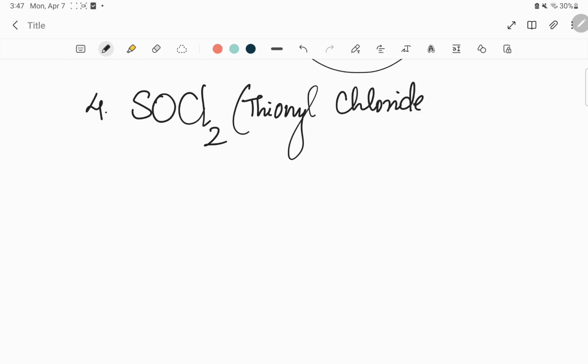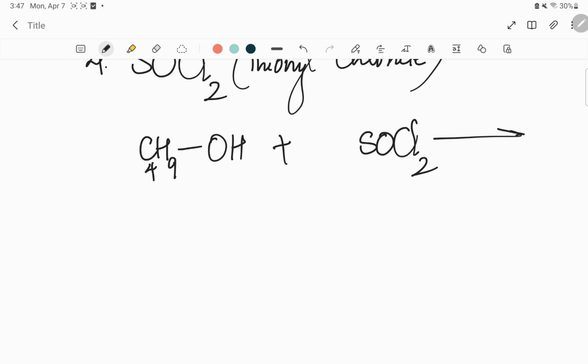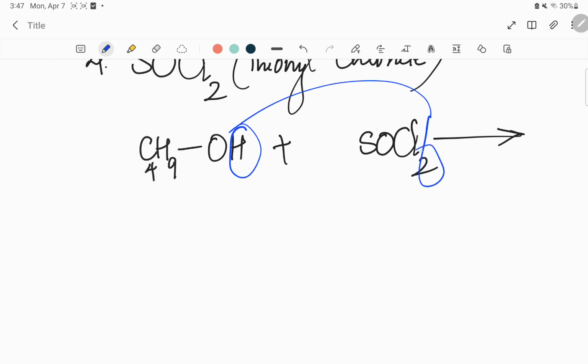Thionyl chloride. So if I'm having an alcohol, let's say butanol, C4H9OH, and if I'm adding thionyl chloride, then what will happen is HCl will be produced.